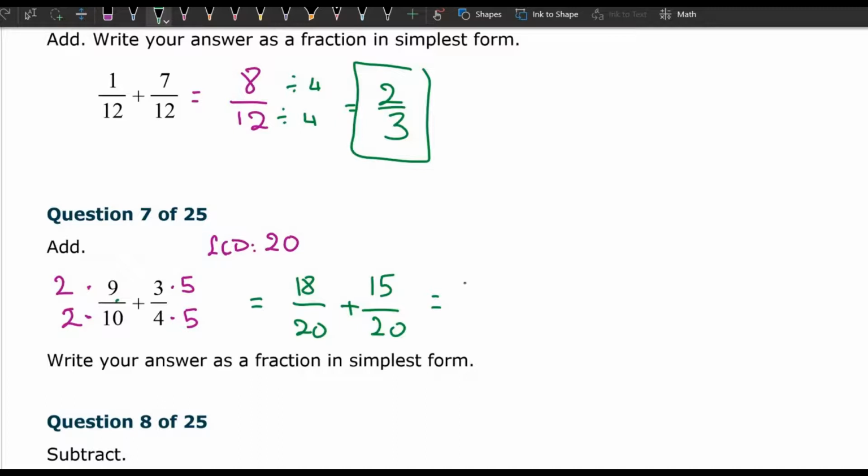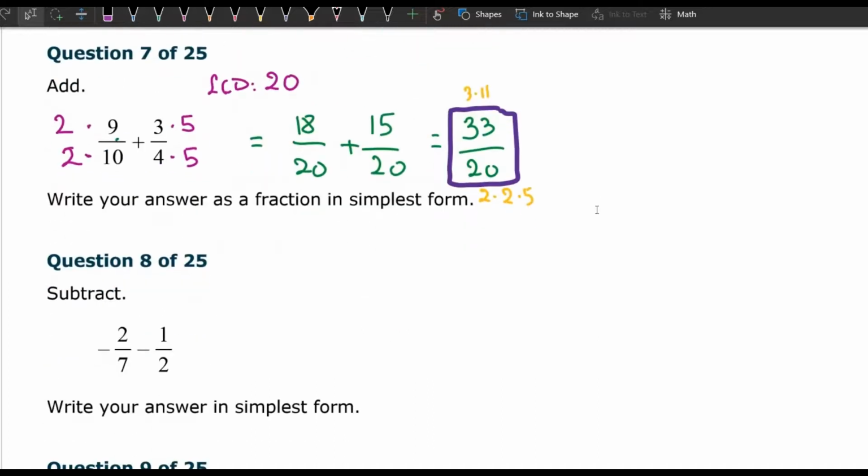So that will give us 33 over 20. 33 is 3 times 11 and 20 is 2 times 2 times 5, so none of them has a common factor to be reduced. This is going to be your lowest term. You cannot reduce this one.